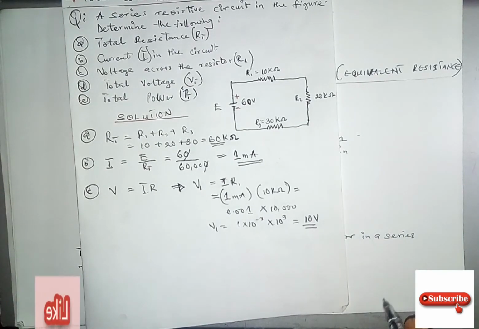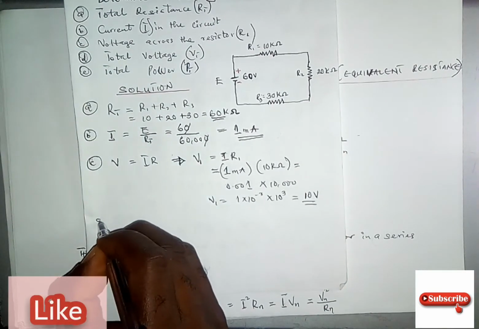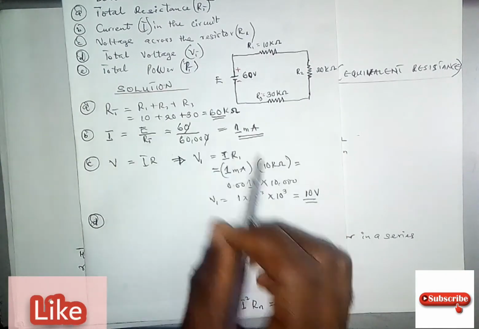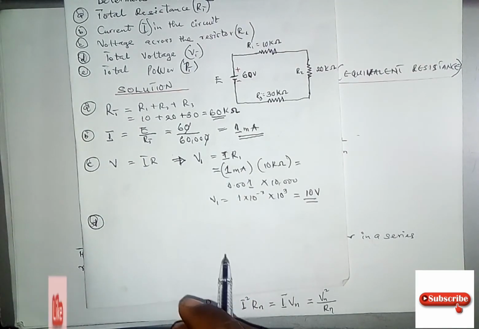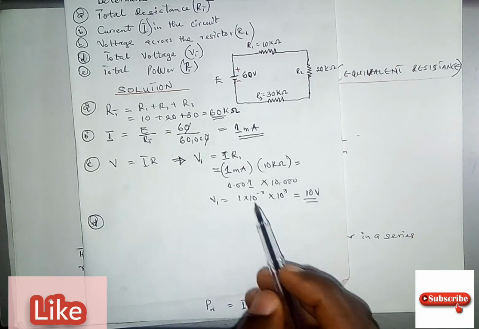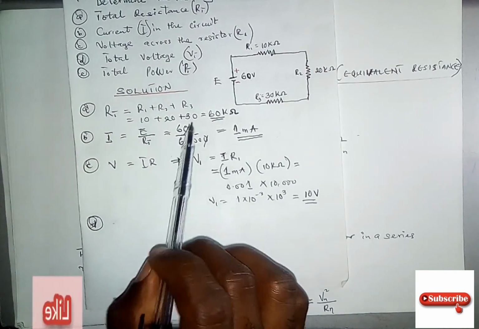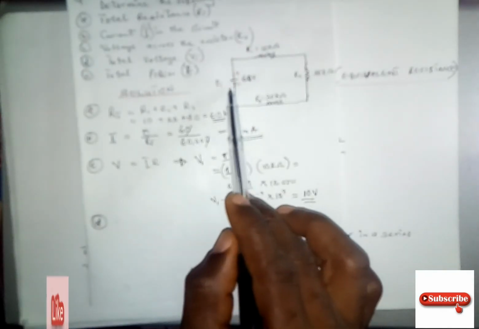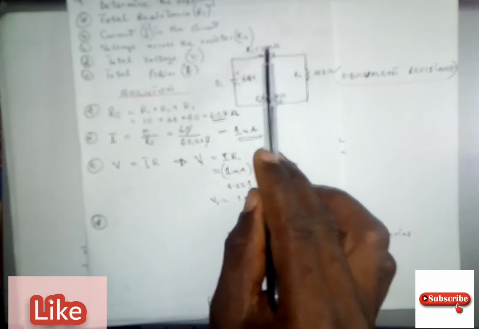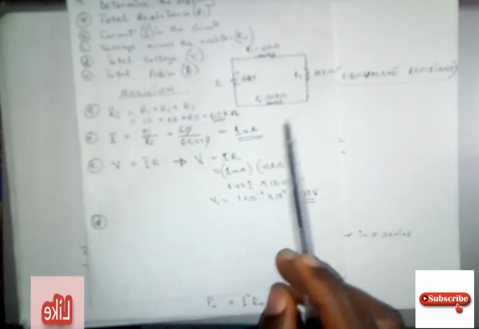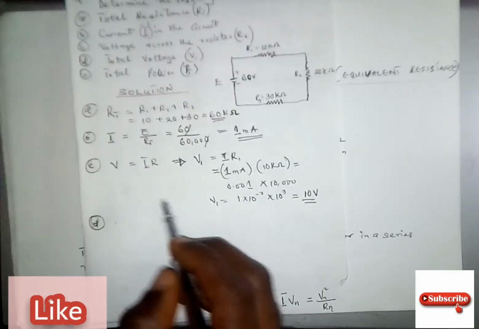Without wasting much of our time, the next one we're going to look at is question D. Question D says we should look for the total voltage. If we apply Kirchhoff's voltage law, the sum of the voltages that rise from the power supply is equal to the sum of the drops along the series circuit.